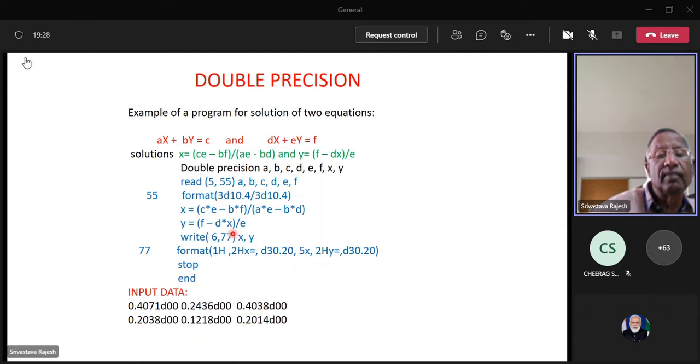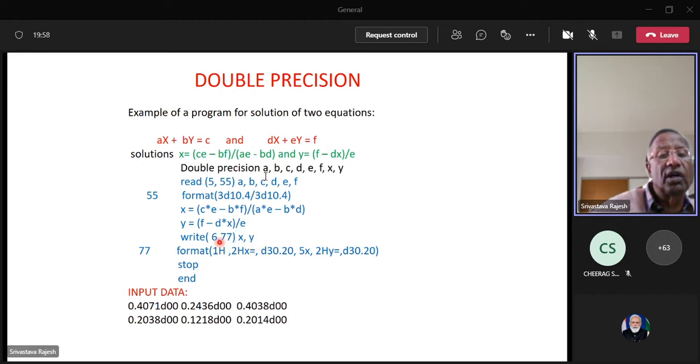Then I calculate X, Y also in double precision, because if these are double precision and I put single precision here, they will truncate to single precision. So now I can write these expressions. And when you write, you have to use write according to format 77, writing two quantities, the solution.